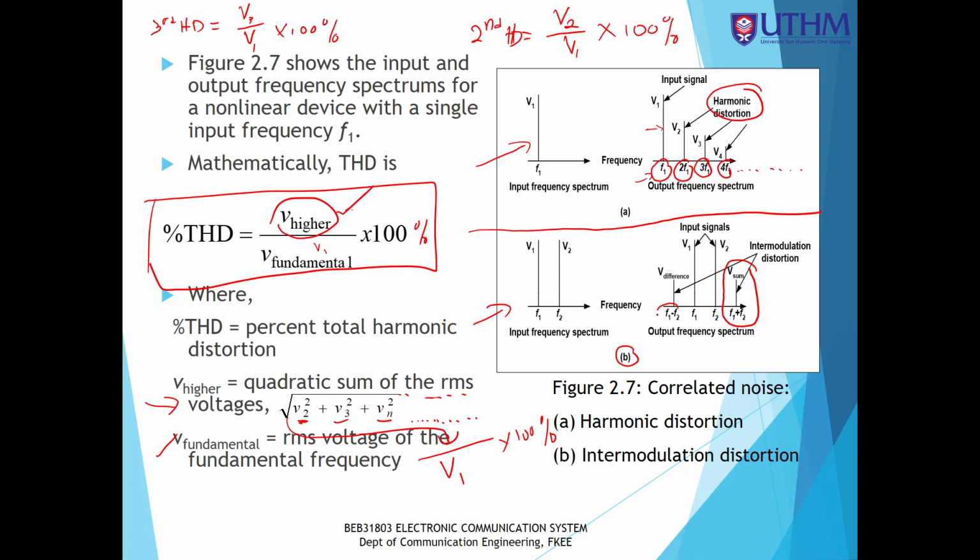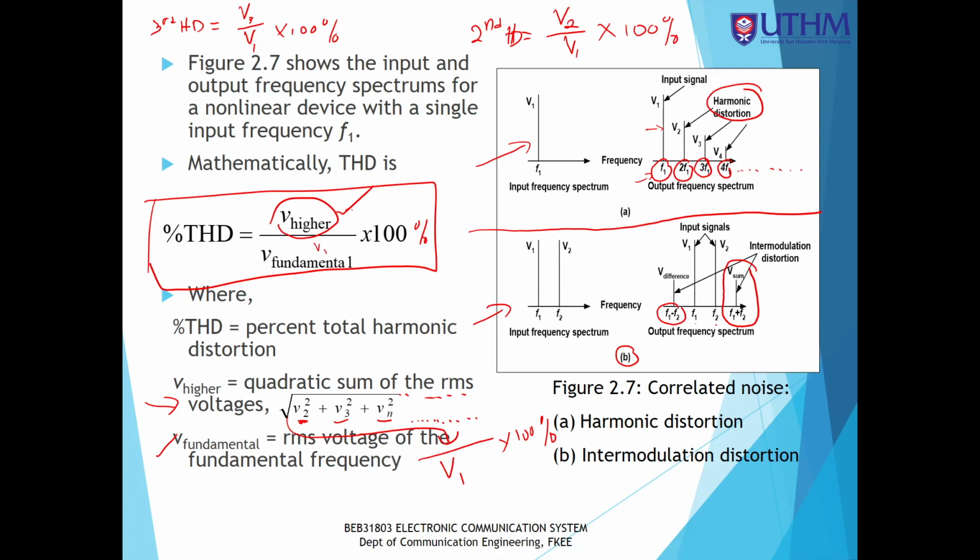This is V difference, and the original input is located at F1 and F2. These two things, V sum and V difference, are what we call the cross product.